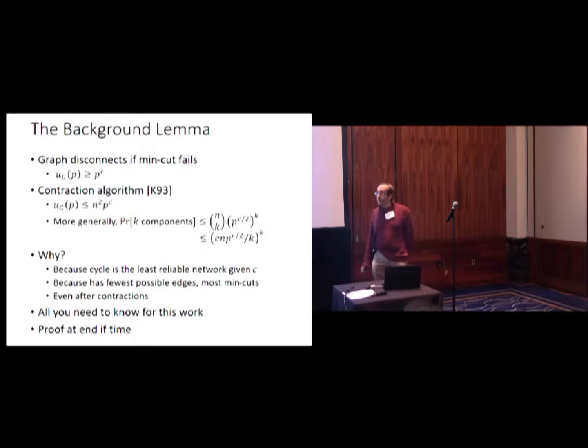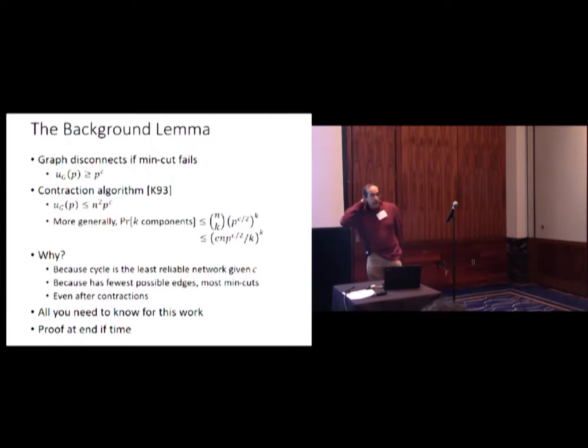The background lemma, the one thing that you need to know that is in the paper, is about the maximum and minimum reliability of a network. In particular, since the graph disconnects when the minimum cut fails, the probability of that happening is at least p to the c. That means the unreliability of the graph is at least p to the c.